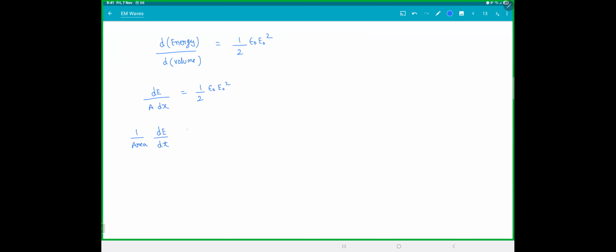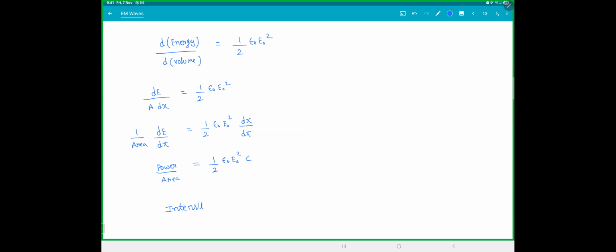And if you divide by dt, dE by dt is power by area, which becomes intensity, and dx by dt is the wave speed, which is the speed of light for vacuum or for light. So we get a very interesting formula here.